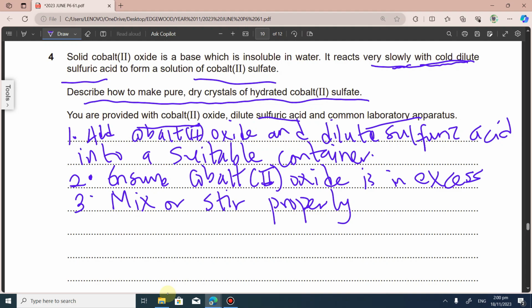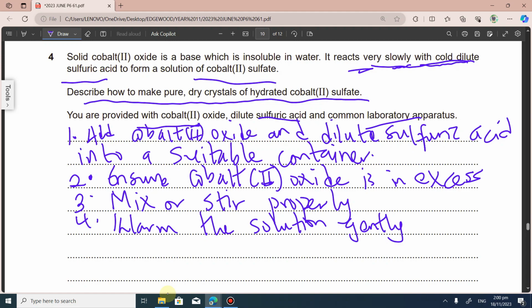So we could include the fourth step as warm the solution gently, because the reaction is slow. Just to hasten the reaction a bit, you can warm the solution.